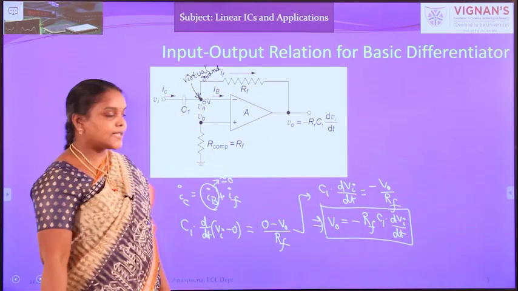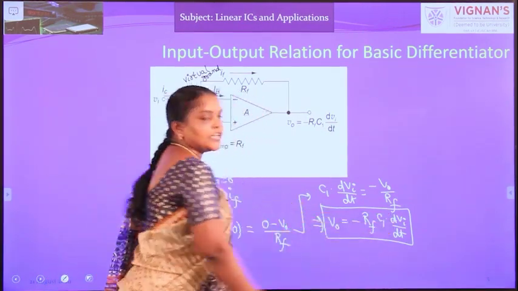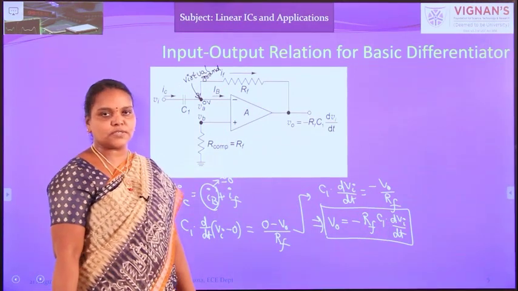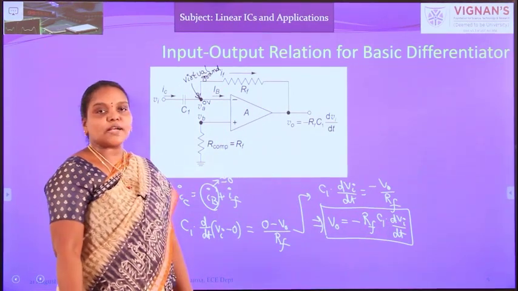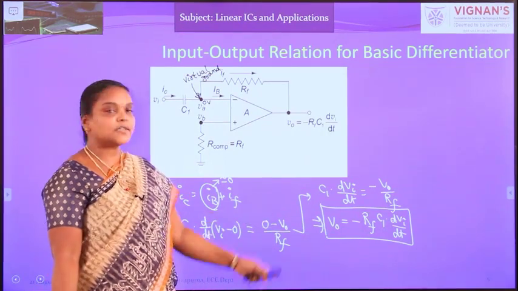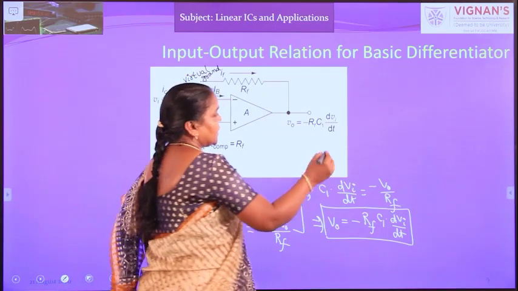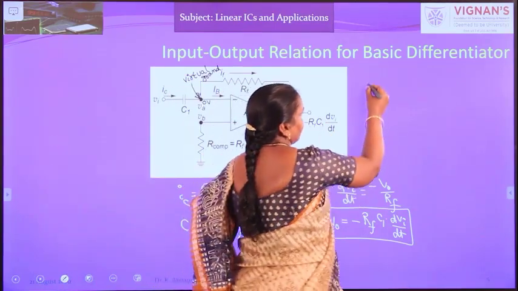Now if you see this expression, the output voltage is directly proportional to the differentiation of the input voltage. Now to know the cutoff frequency and what frequencies can be differentiated, let us convert this expression into the frequency domain. So I am taking the Laplace domain.